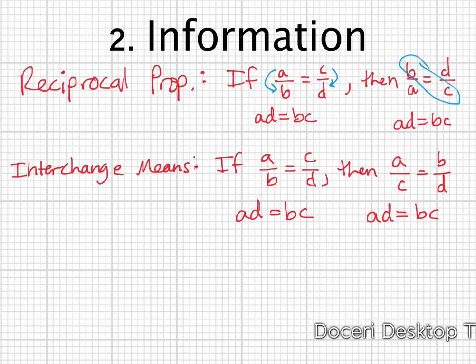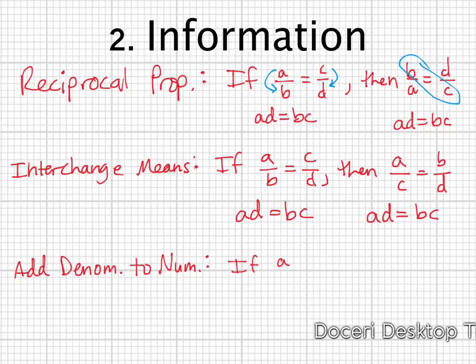And then our last property for proportions has to do with adding a denominator. So if you add the denominator to the numerator, that's our property. So if you add the denominator to the numerator, you get a true statement as well.